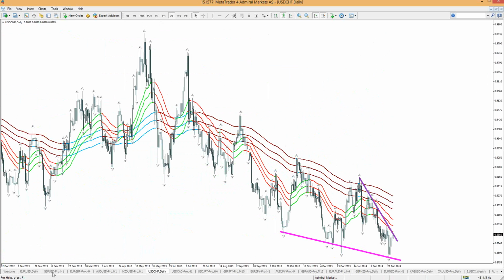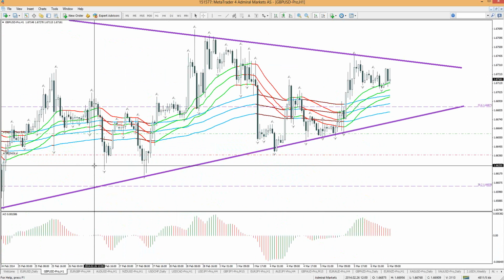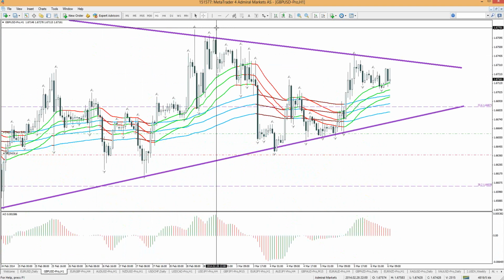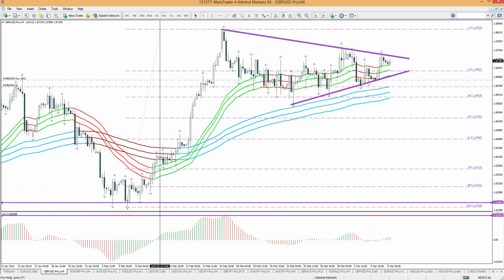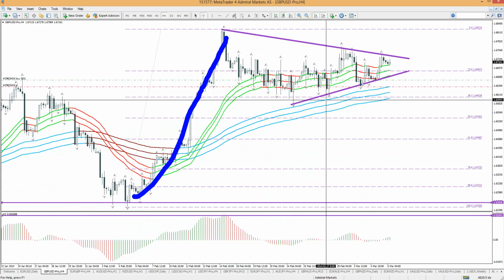Let's take a look at pound dollar. Alexander and Amdadul are asking about it. So, basically, a triangle, right? Bullish triangle because of this previous momentum to the upside.